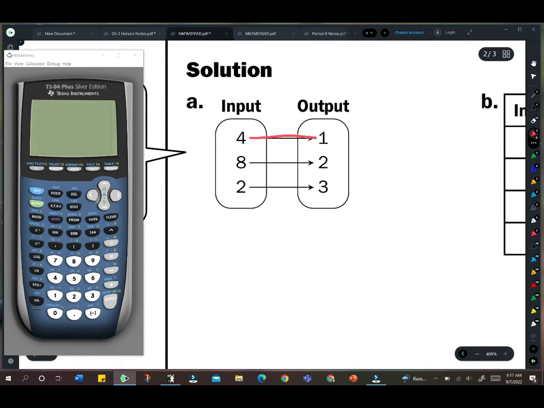If we were to look at these as ordered pairs, this first one, 4 to 1, would be the coordinate point 4, 1. That's going to be our x and y's later on. 8 to 2 would be the next one, and 2 to 3 following that. Now, since every single input has a different output, this is a function.